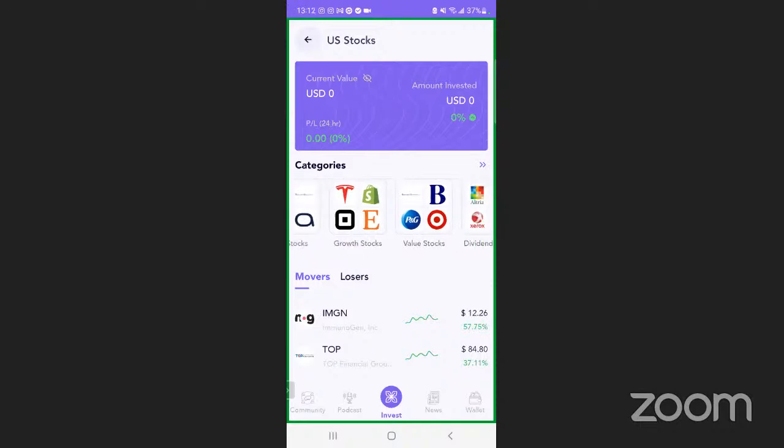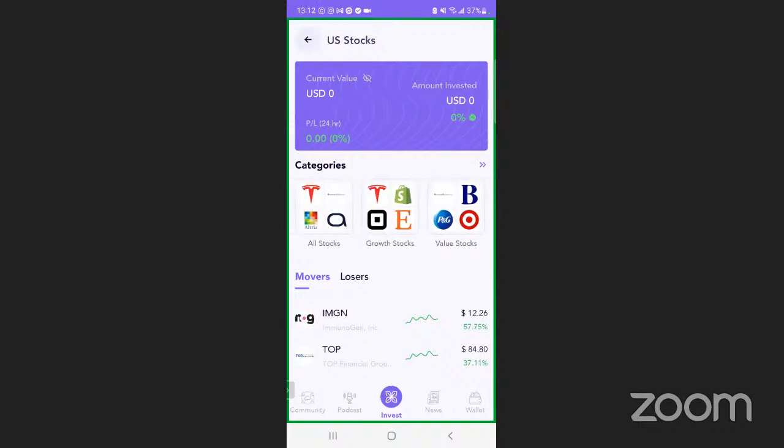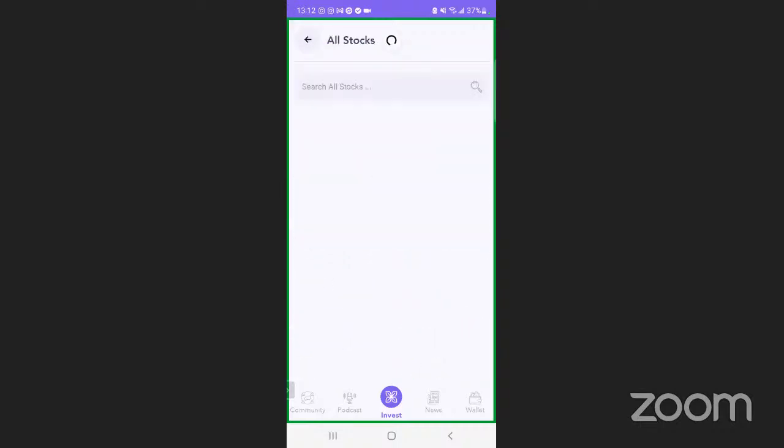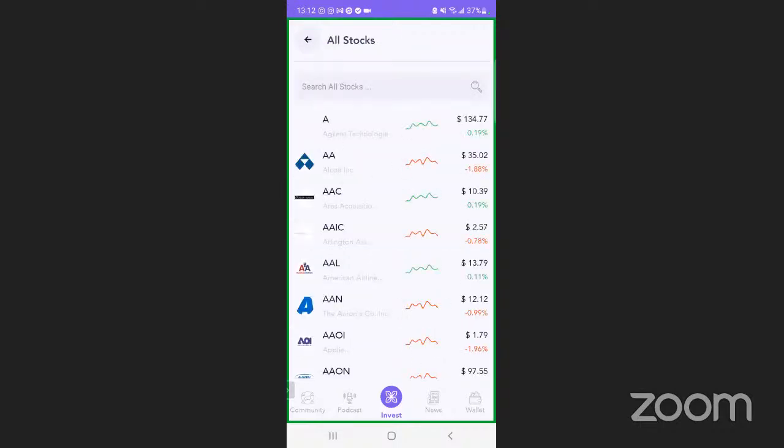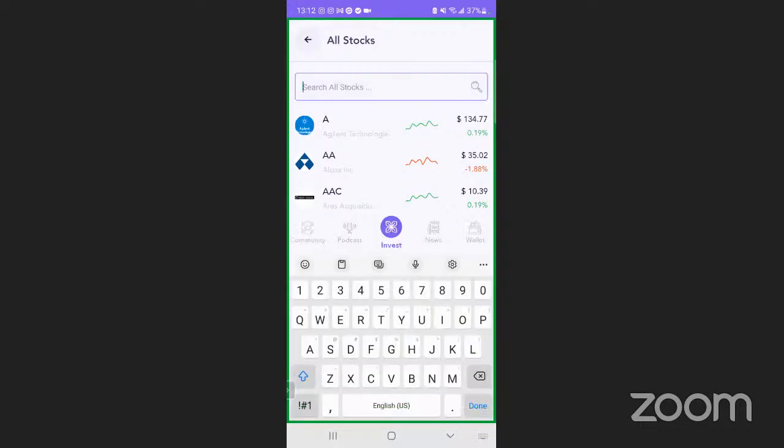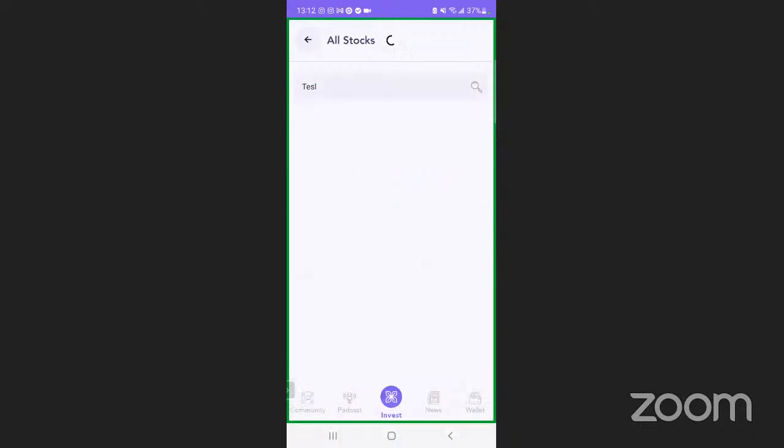So you can see the categories available. You've just clicked on US stocks. We have all stocks, which is where you click to get access to all the stocks available. You can just type a random name, let's say Tesla, and you'll be able to see the specific stock.